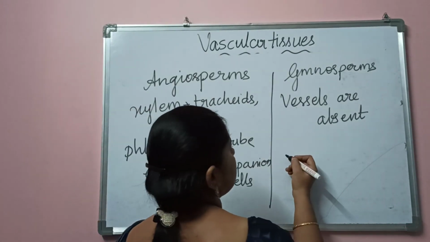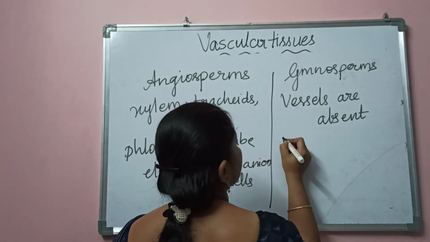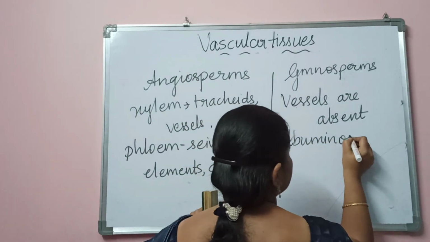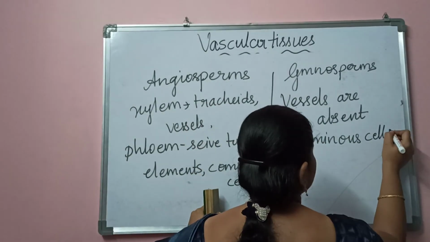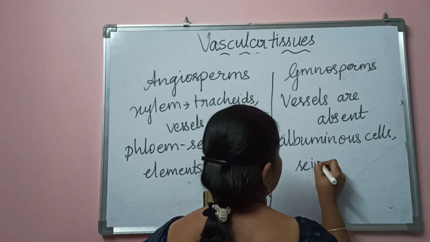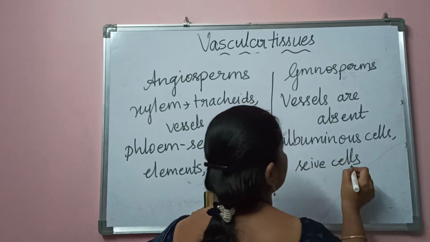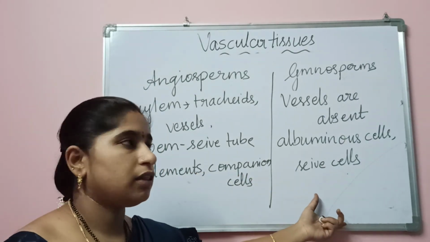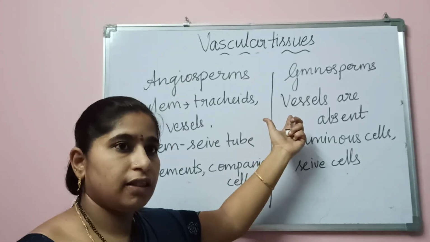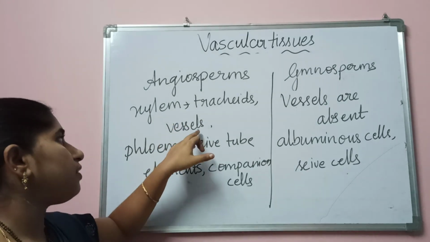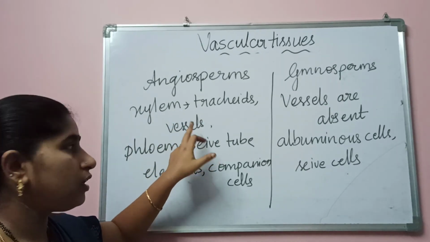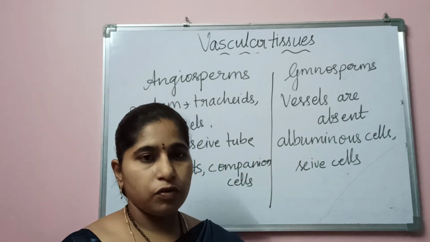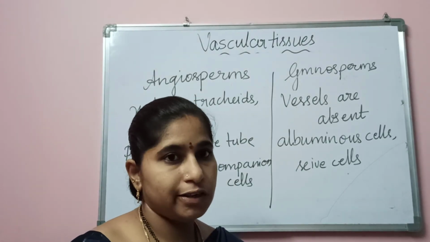Now coming to the gymnosperms, here the albuminous cells and sieve cells are helpful in the transportation of the food material. Here companion cells are lacking in the gymnosperms, and vessels are lacking in the gymnosperms, while tracheids and vessels help in the transportation of water in angiosperms, and sieve tube elements and companion cells help in the transportation of the food material. This is an important bit for the NEET students.